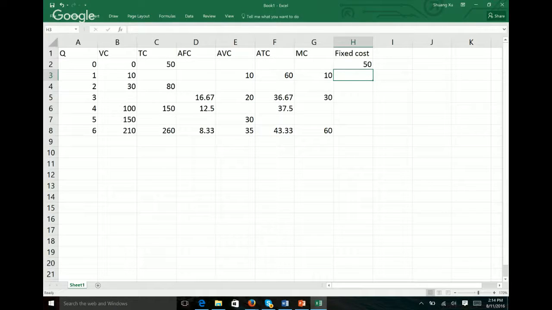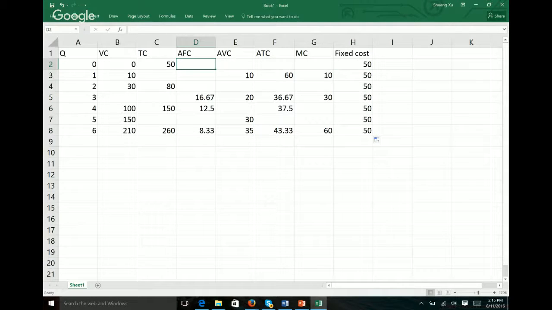Therefore, it doesn't matter what your quantity is, the fixed cost is always the same. So your fixed cost will be 50 all the way down: 50, 50, 50. That's your fixed cost.